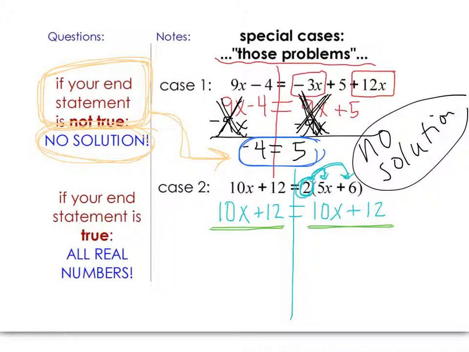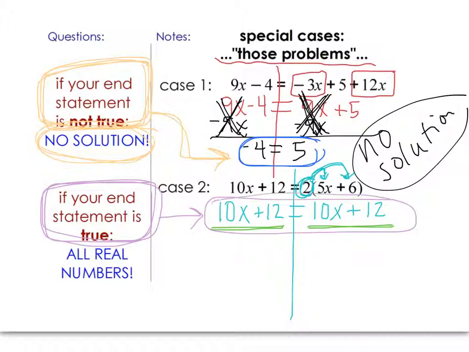Look over here on the left side. If your end statement is true, meaning you get the same thing on both sides of your equal sign, your answer is all real numbers. Meaning I could put in any x I wanted to, any number for x, and that statement would be true.